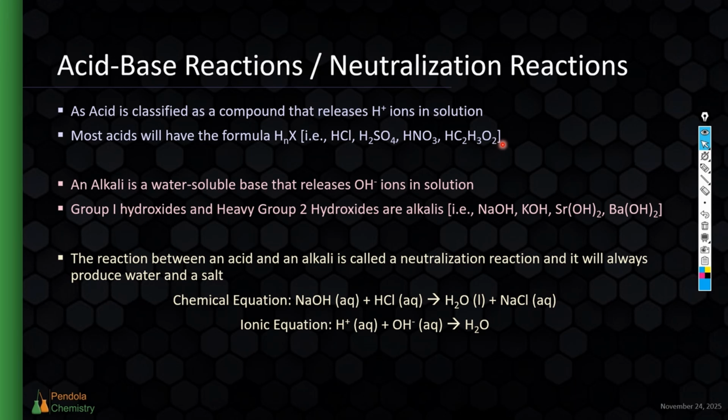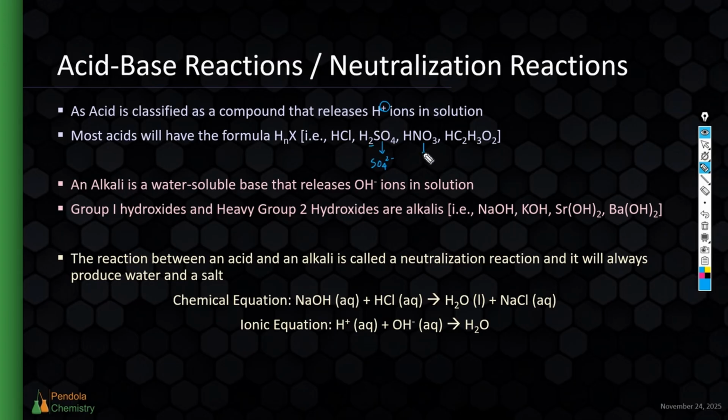If we look at these, the reason why they have different numbers of hydrogens is the charge. So let's take HNO3 and H2SO4 for example. H2SO4 has this 2 because the sulfate ion is SO4 2-. Because hydrogen ions are H+, for every 2- charge on the SO4, we need 2 hydrogens to cancel them out.